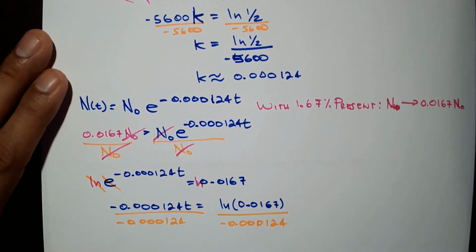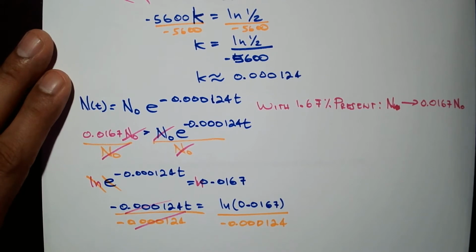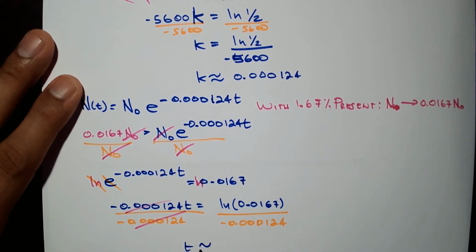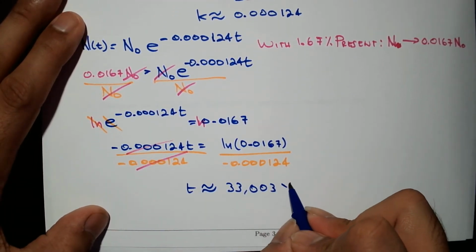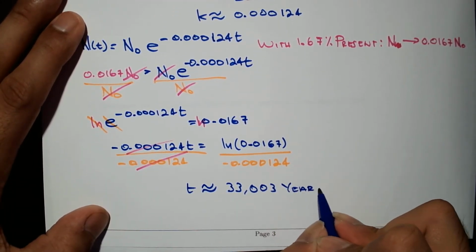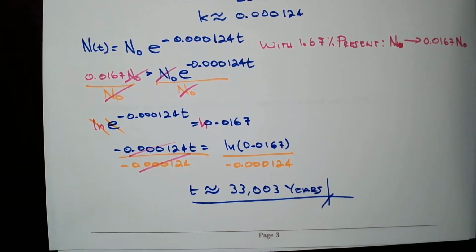And using a calculator, we should get approximately 33,003 years, which is how long it has been since the tree was cut and burned.